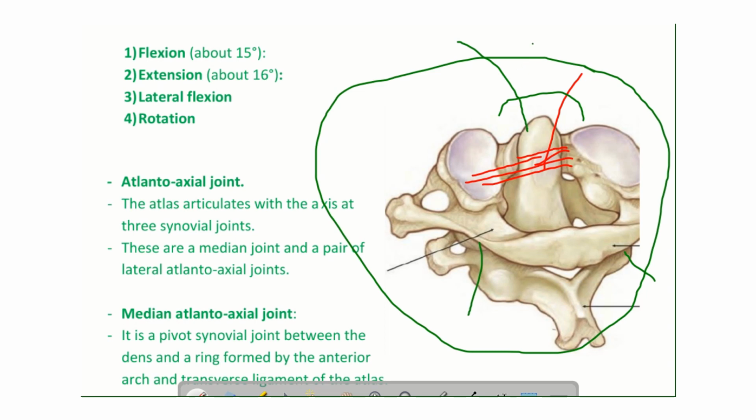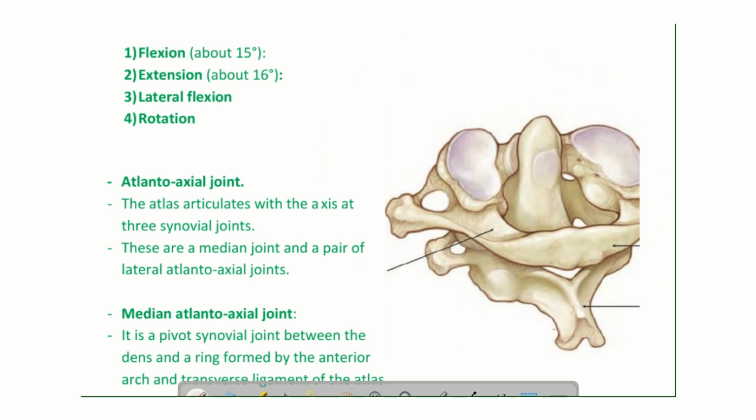The median atlanto-axial joint is of pivot variety, while that of the lateral atlanto-axial joints is of plane variety. These are the vertebro-cranial connections.